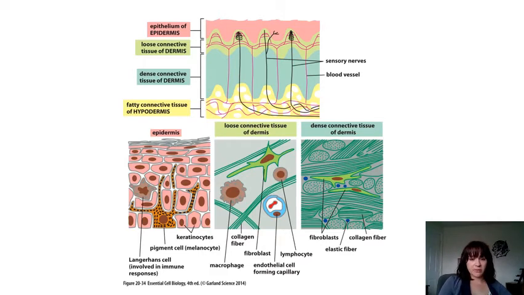In the epidermis, we also have immune cells and pigment cells. In the dermis, there's a lot more collagen, and you're going to see more vasculature. And when you get to the dense connective tissue of the dermis, you're going to see a lot of fibroblasts and a lot more collagen.